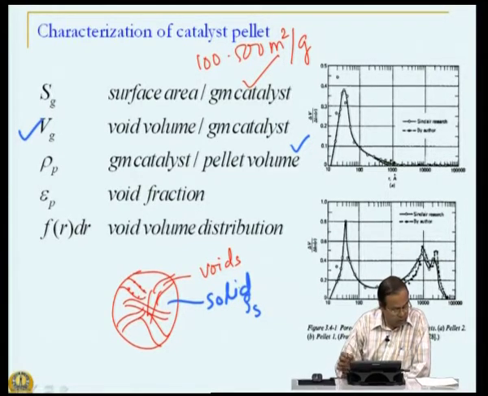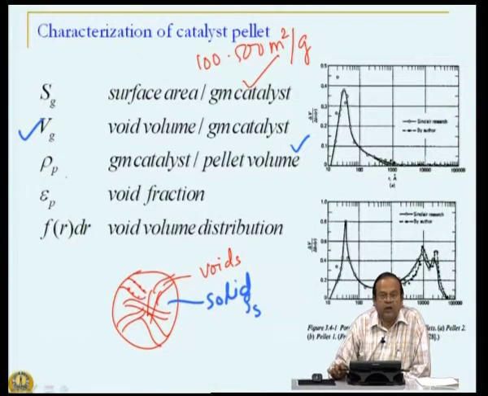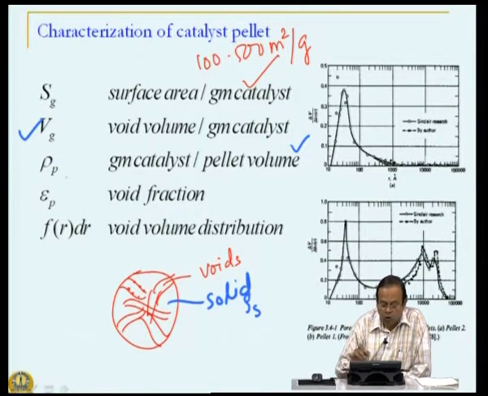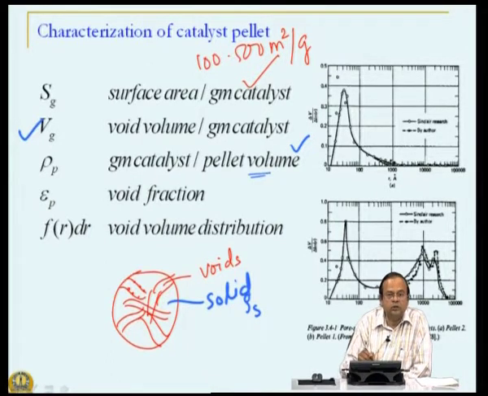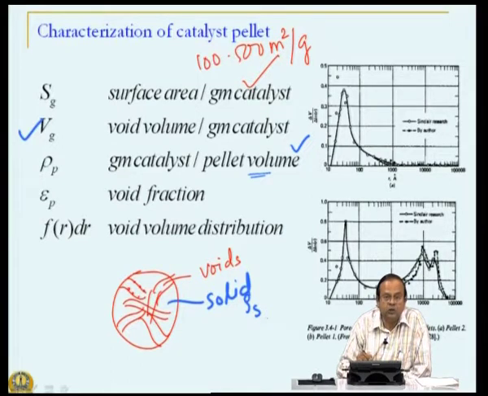So, how does it work? The pellet volume consists of both void volume and the solid volume. That put together is the pellet volume, and hence the effective density of the catalyst pellet rho p is different than the density of the solid material which makes the catalyst pellet.